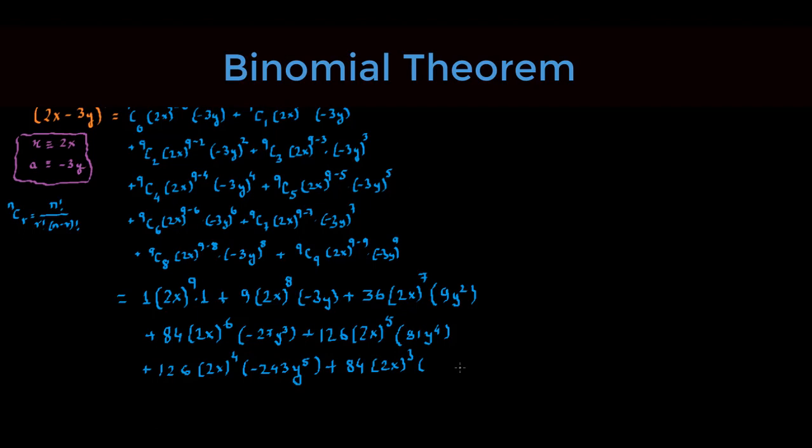Negative 3 whole raised to the power of 6 is 729. So this is positive 729 y raised to the power of 6.